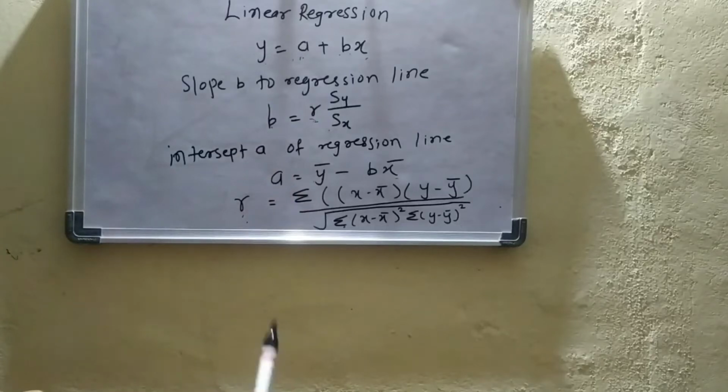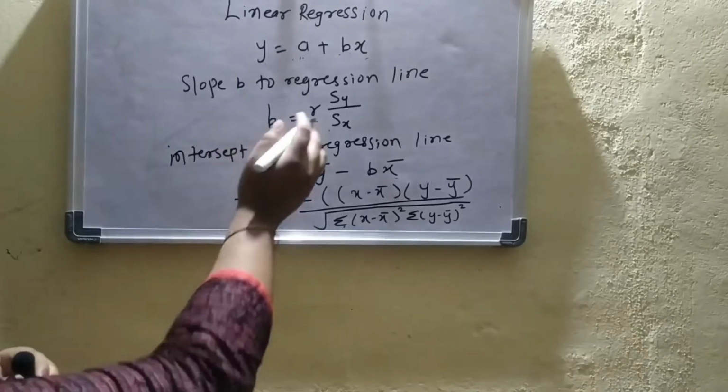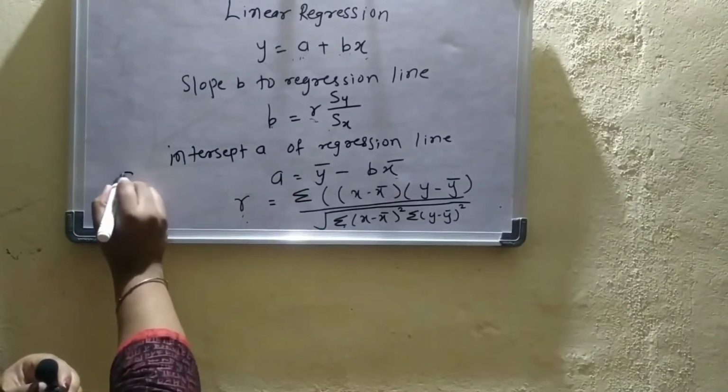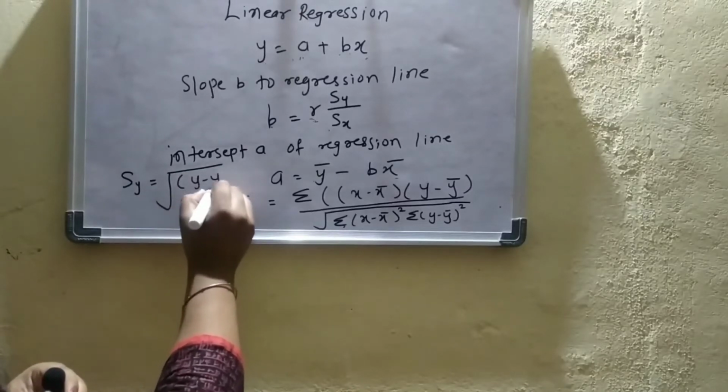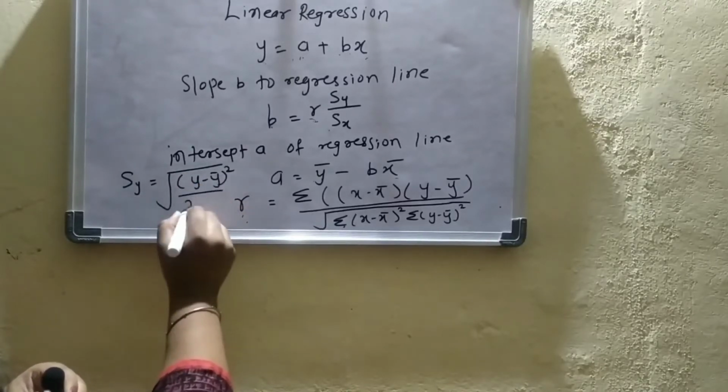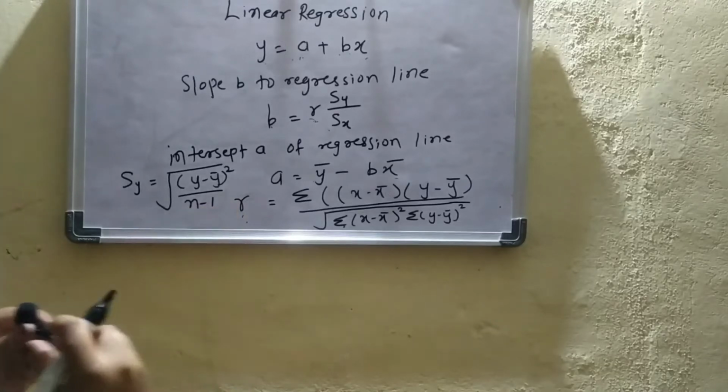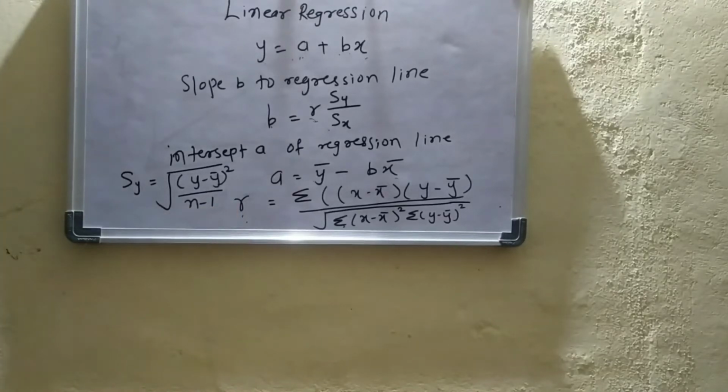So you can easily calculate the correlation coefficient, and then you can calculate the standard deviation of x and the standard deviation of y. The formula for standard deviation of y is the square root of summation of y minus y bar whole square divided by n minus 1. Here n is the total number of entries.